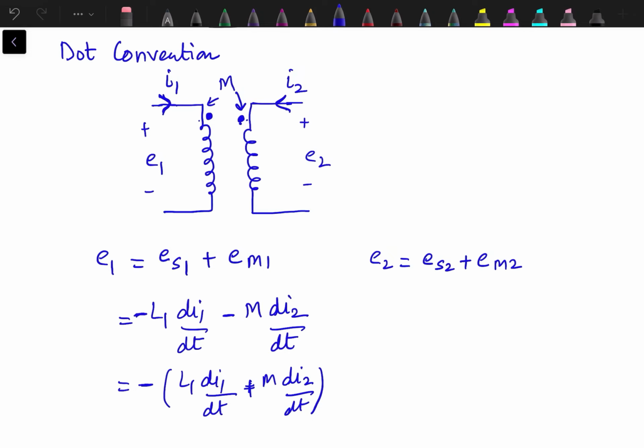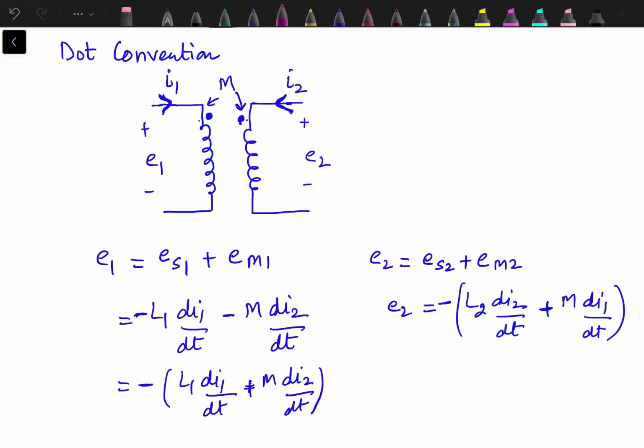Similarly, for the second coil, the self-induced EMF is L2 di2 by dt. The mutually induced EMF is M di1 by dt. And we have a negative sign as per Lenz's law. But the self-induced EMF and mutually induced EMF are in the same direction, since I1 and I2 both are entering the dotted node.